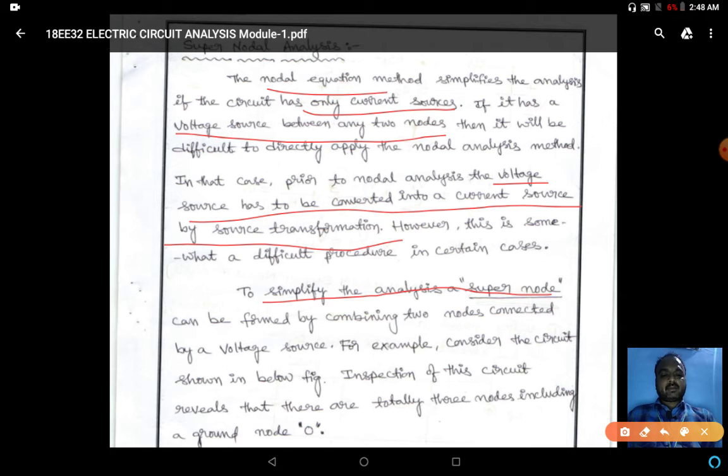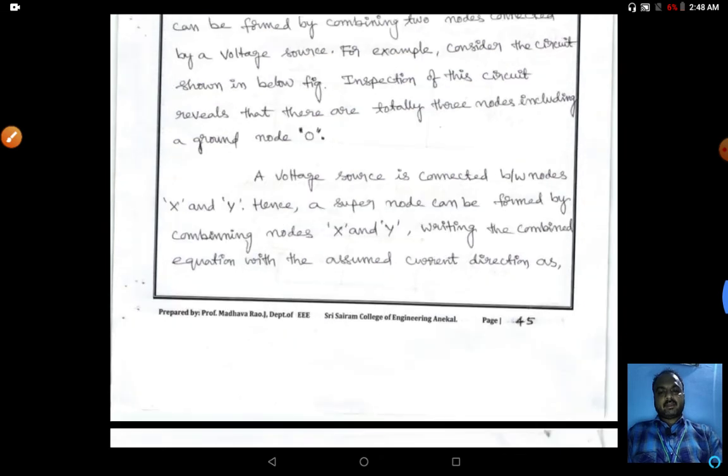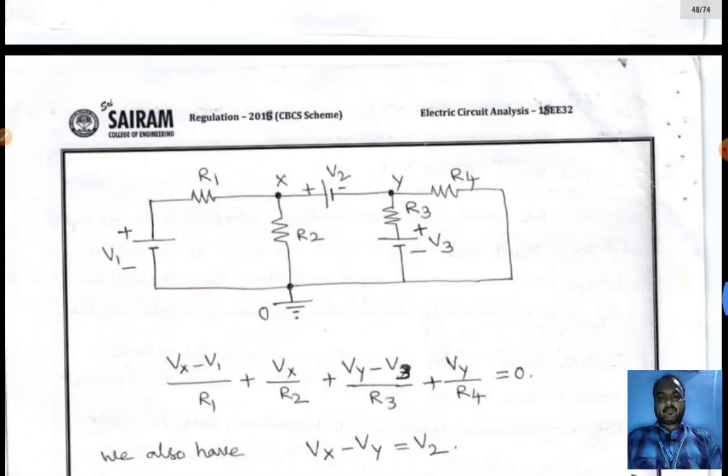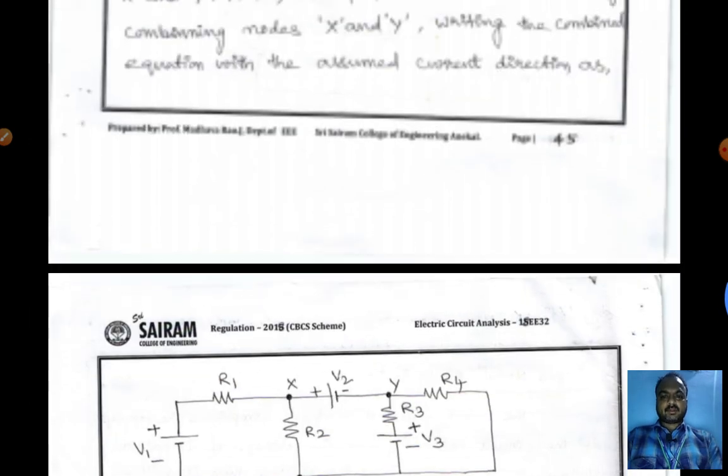Inspection of the circuit reveals that there are 3 nodes in total, including a ground node.